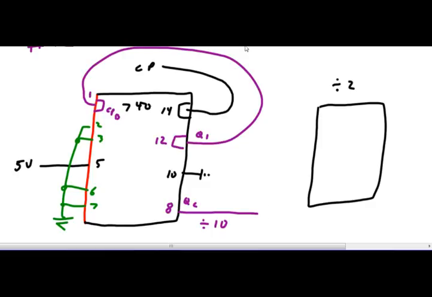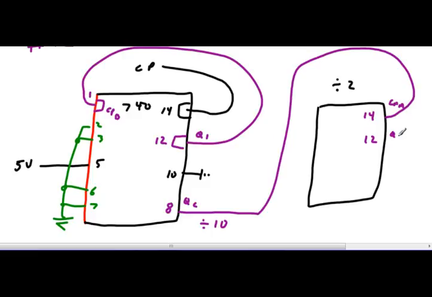I'm going to take my divide by 10 and bring it into pin 14, which is clock pulse A. Then I'm going to come out pin 12, which is QA, and bring that into pin 1, which is clock pulse B. I want this to be a divide by 4, so I'm going to come out of pin 11, which is QB, and now I have my divide by 40. Divide by 10, divide by 4 is going to be a divide by 40.